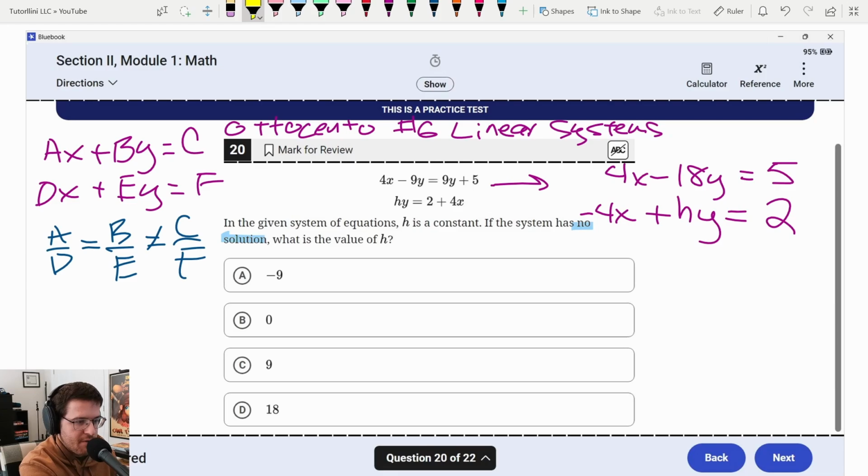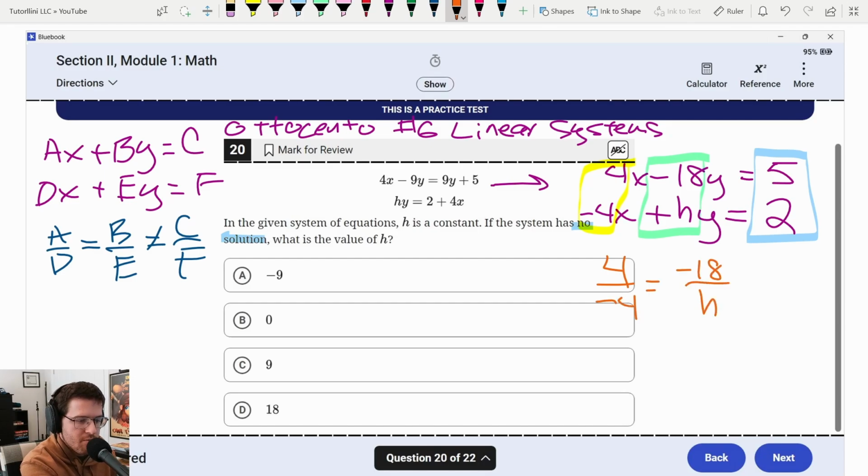So let's look at all these coefficients. So I got these guys, I got these guys, and I got these guys. So we can write 4 over negative 4 equals negative 18 over h, which is not equal to 5 over 2.